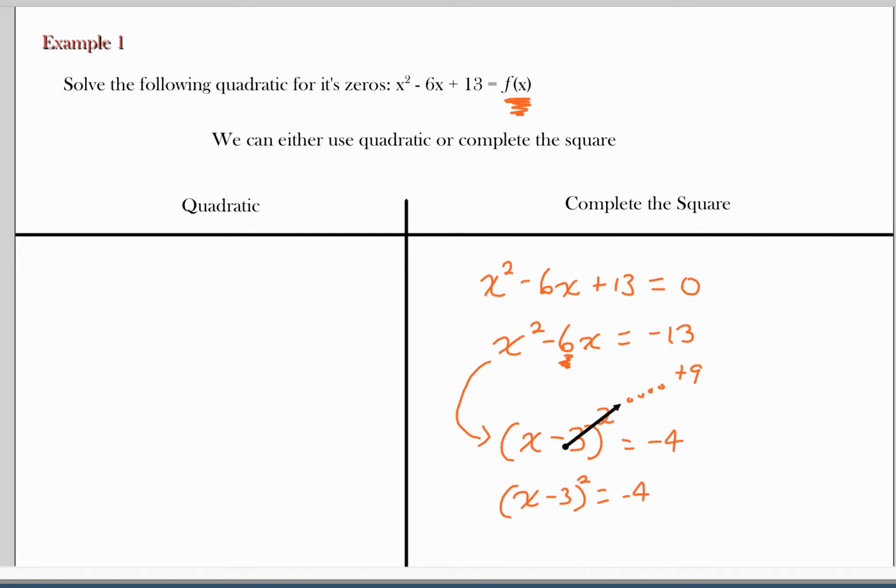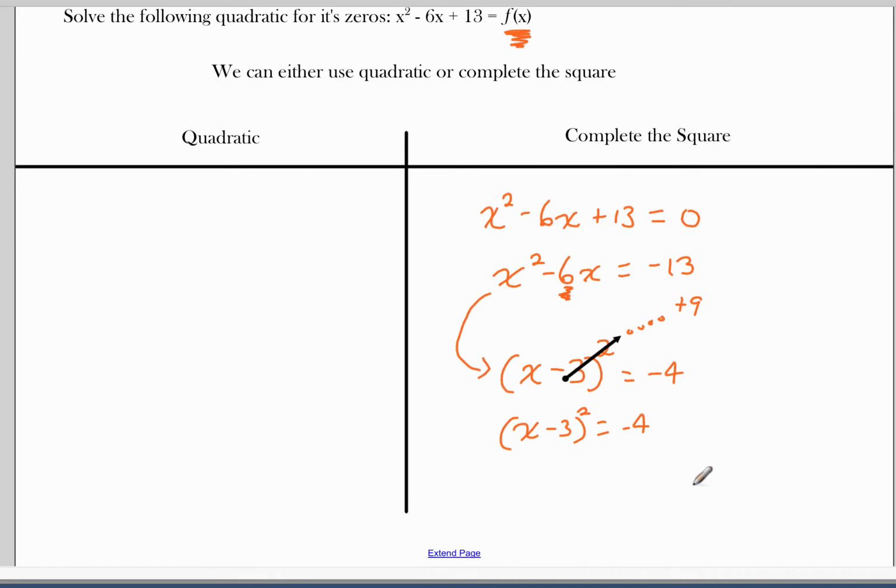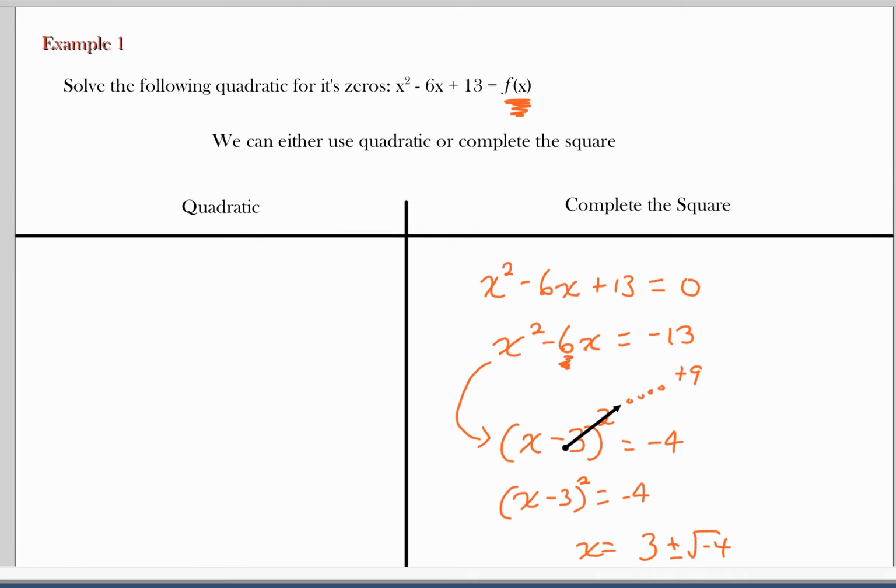And now I want to find my roots. I know I take the square root of negative 4, and then this 3 comes over as positive 3. So x equals 3 plus or minus 2i. Now really you should be able to do the completing the square quite quickly.